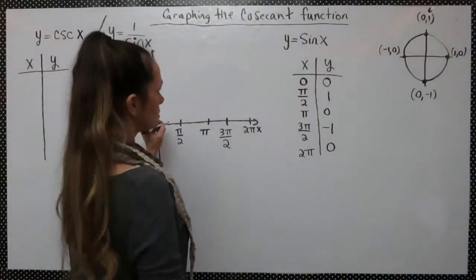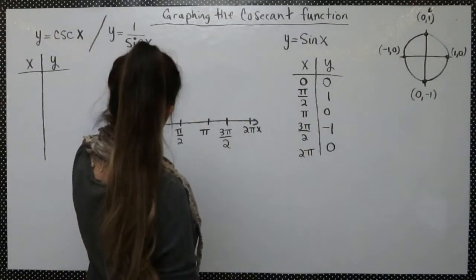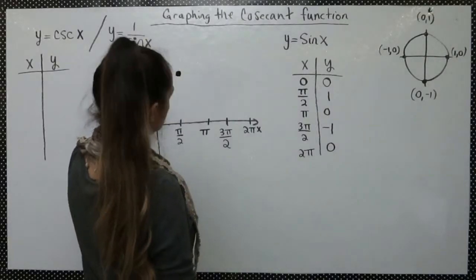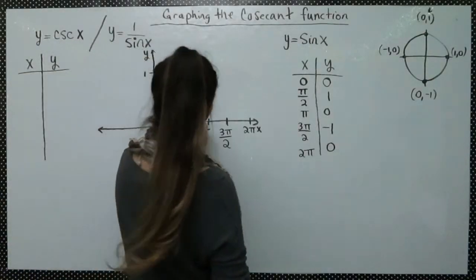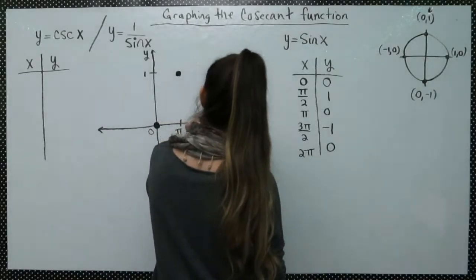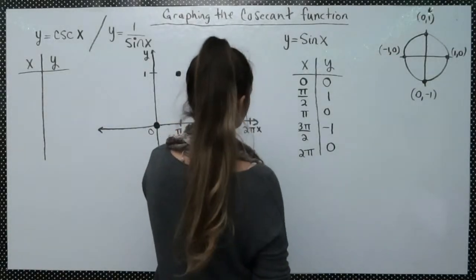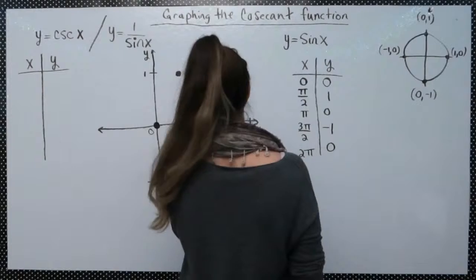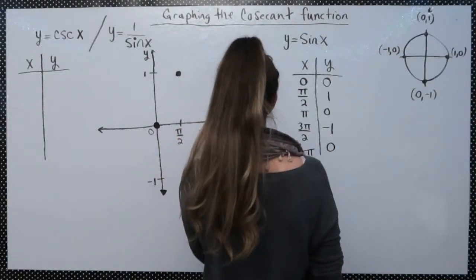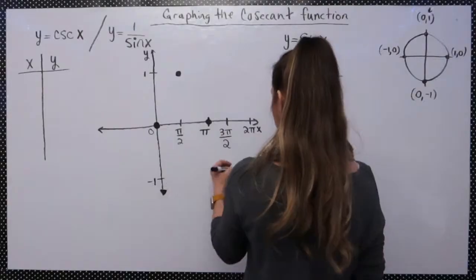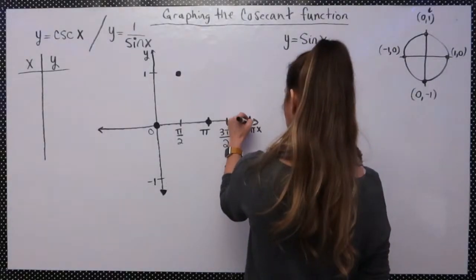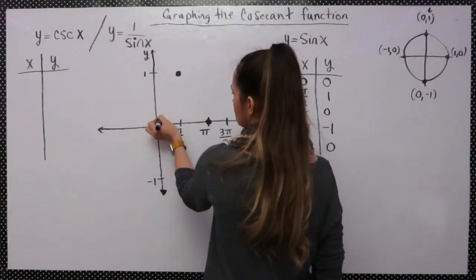And we've got pi over 2 is at 1. So we've got pi over 2 comma 1, pi comma 0, and 3 pi over 2 is at negative 1. And then we're back to 2 pi at 0. And dash this.